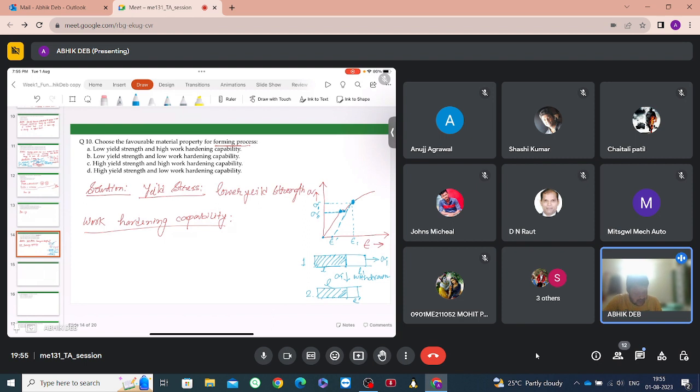So it will come back partially to a length L dash. Now its length was initially L, now its length will become L dash, which will be more than the length L. This is a plastic or permanent deformation, that it cannot revert back further to the length L. It will always have this deformation L dash. So is it clear till now?